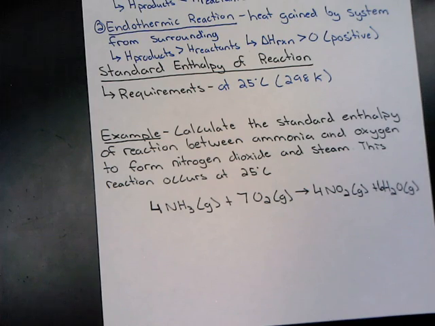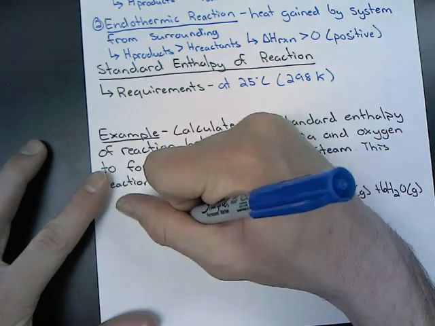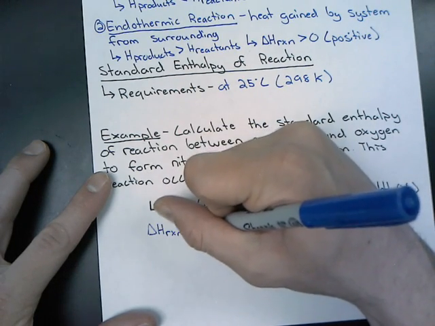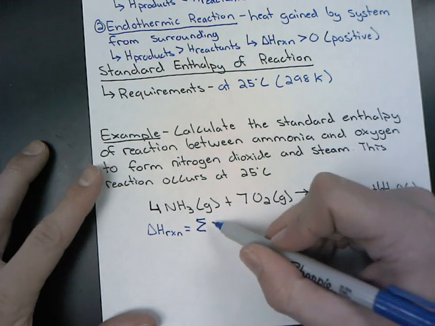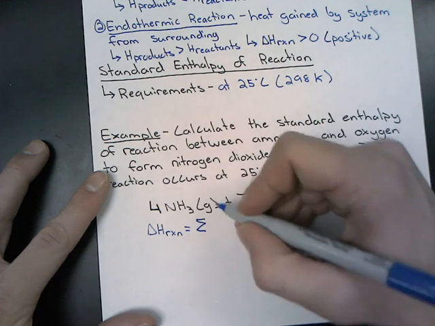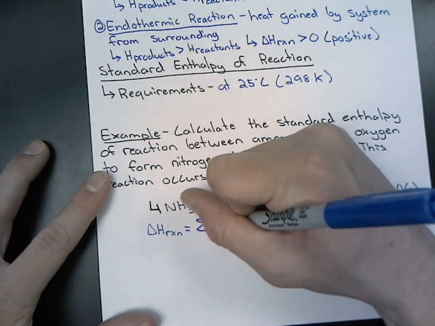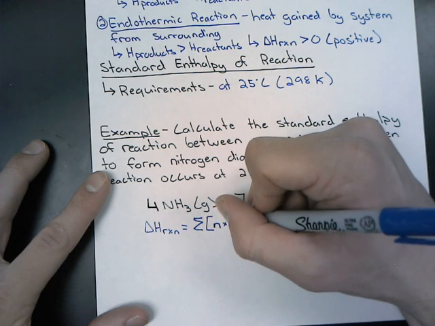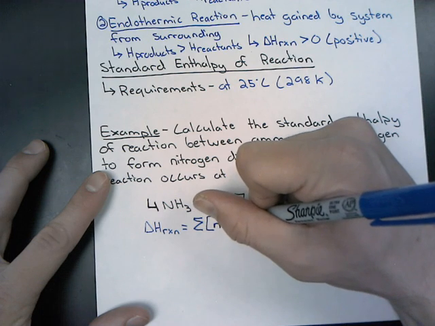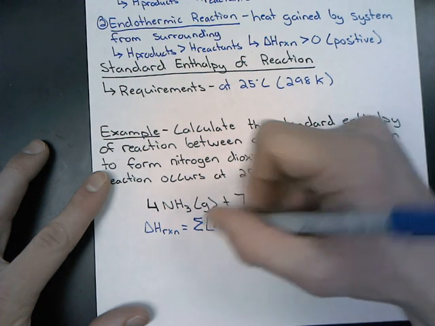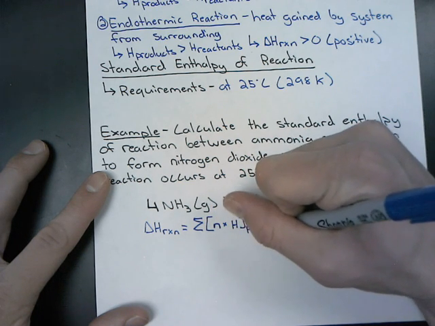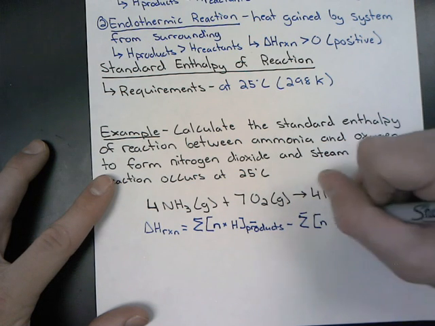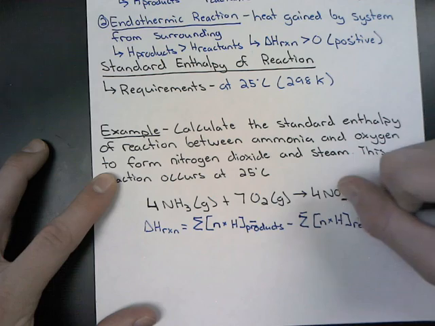The standard format is delta H of the reaction, RXN, is equal to the sum, that's what this funky looking E symbol means, of our n, which stands for moles, times our enthalpy, which is our H. This is for our products, minus the sum of our n times our H for our reactants.